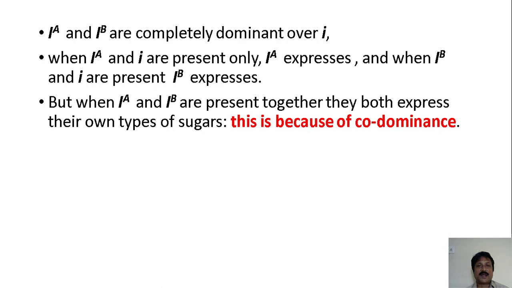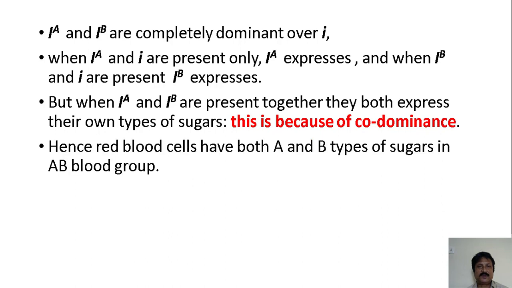But when IA and IB are present together, both of them will express their own types of sugars. This is called codominance. So red blood cells have both A and B types of sugar in blood group AB, or it is an antigen also.